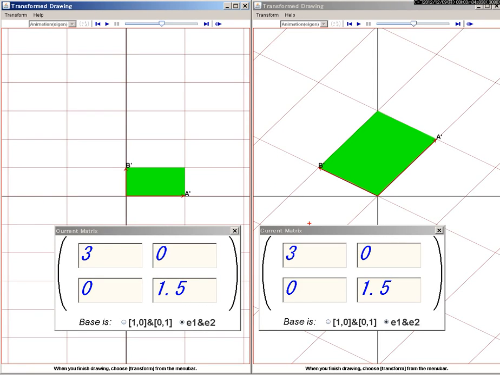These matrices are a representation by E1 and E2, which means this 3, 0 means E1' equals 3 E1 plus 0 E2.